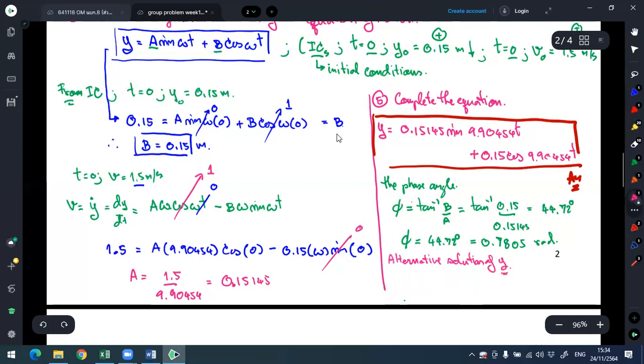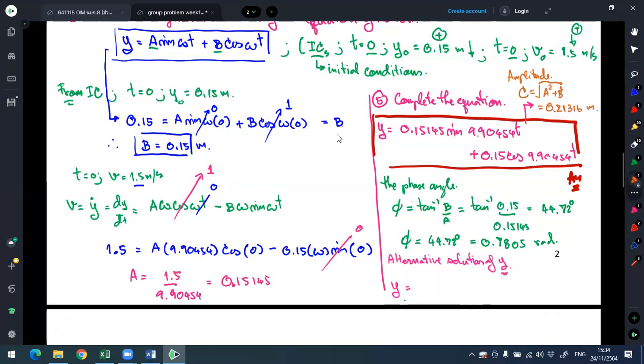We determine the amplitude C. C is equal to the square root of A squared plus B squared, that becomes 0.21316 meter.